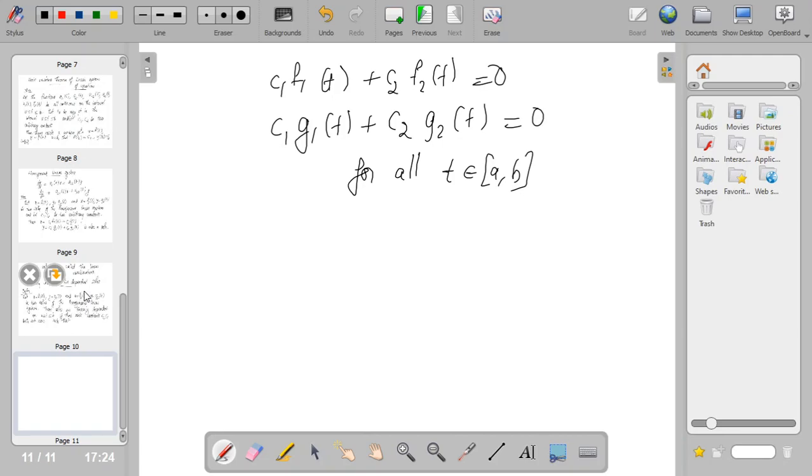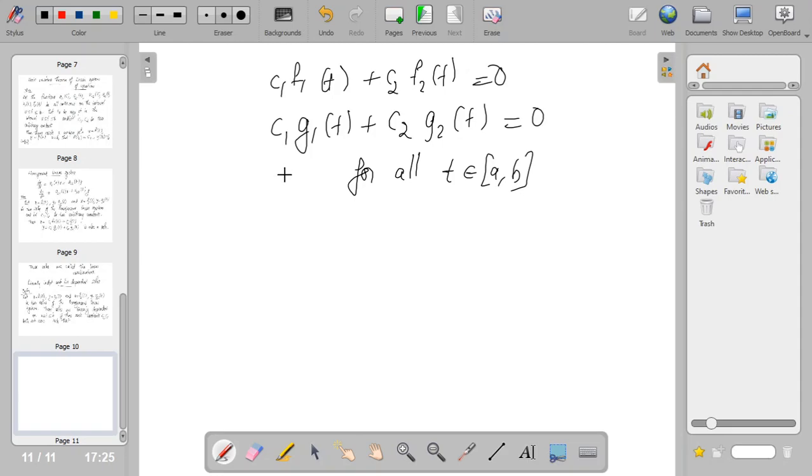So if you have two pairs of solutions f1 g1 and f2 g2, we say that they are linearly dependent if, when you solve the equations c1 f1 plus c2 f2 equal to 0 and c1 g1 plus c2 g2 equal to 0, not all the constants are equal to 0.